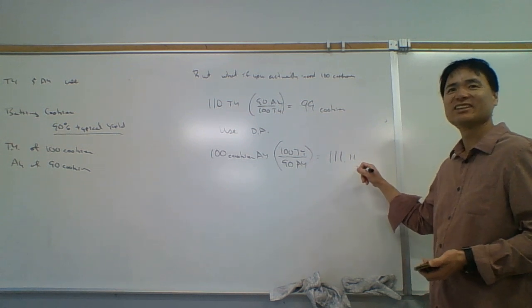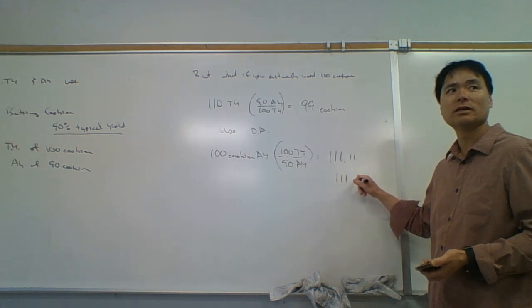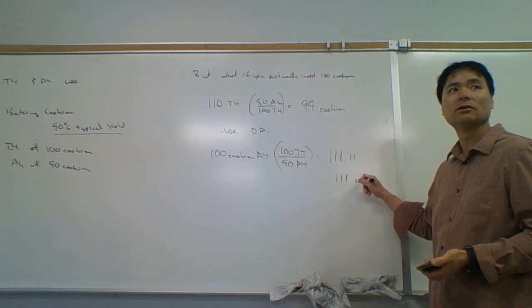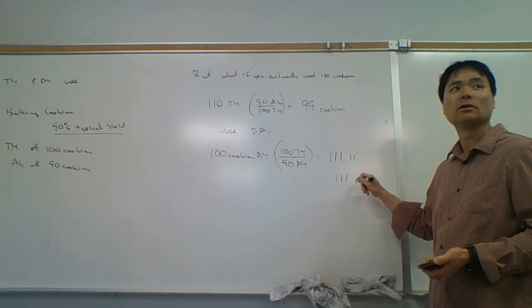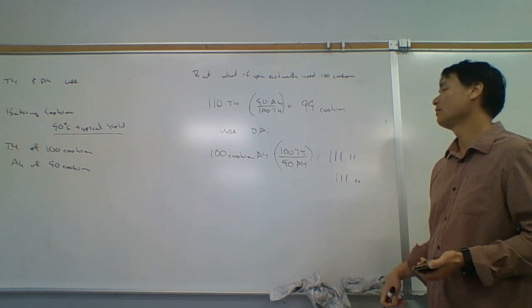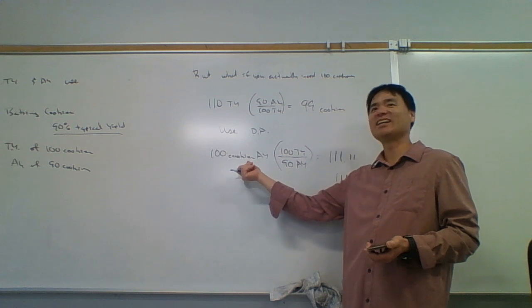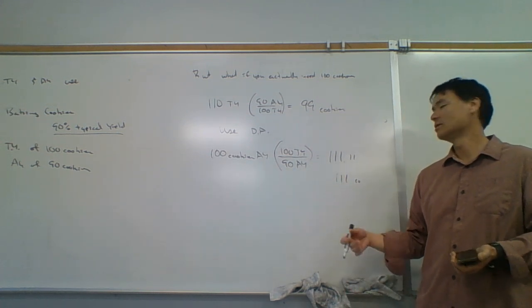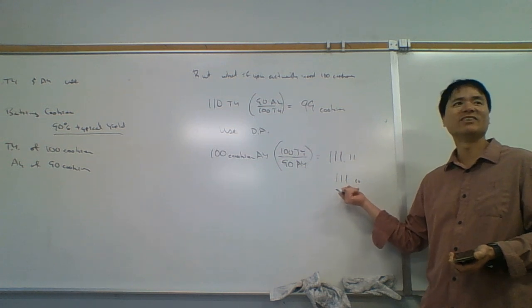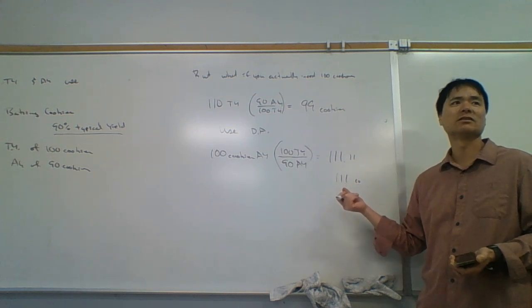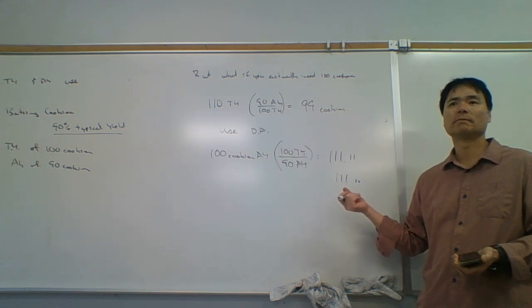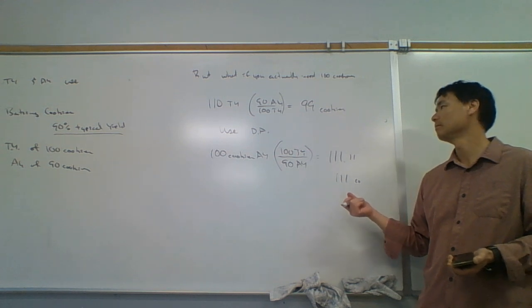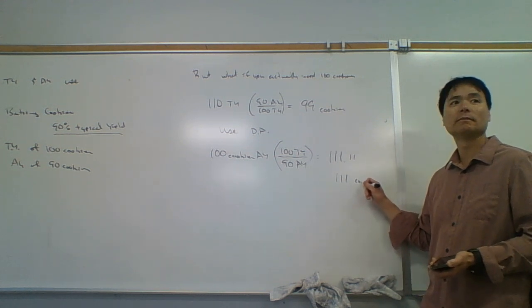Does that make sense? So 111 cookies I need to make. You make 111, actually having 100 cookies. If I want 100 cookies at the end, I better make 111 because I always lose 10%. And 10% of 111 would be 11 cookies. Does that make sense?